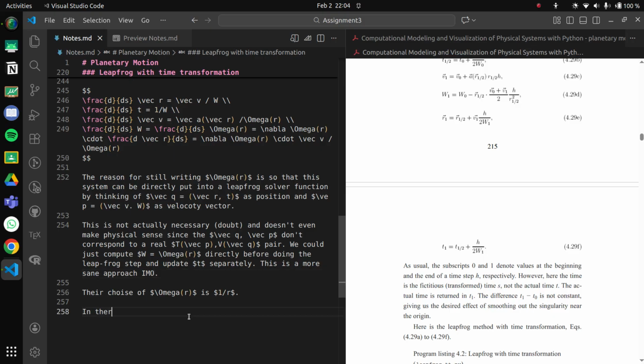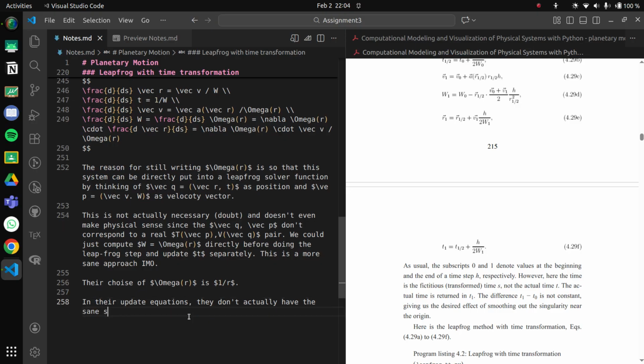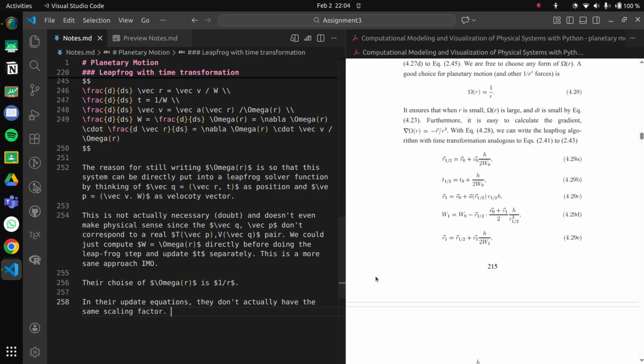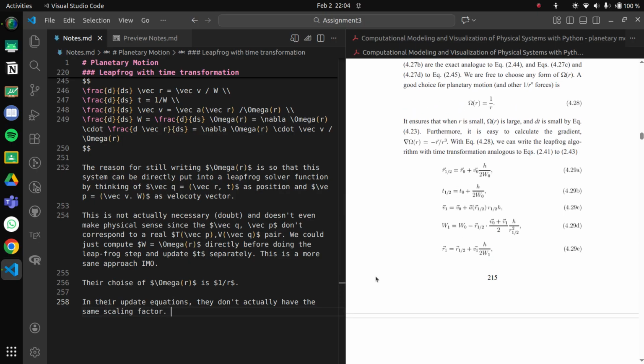Okay, in their update equations, they don't actually have the same scaling factor. Yeah, this is what I find the most boggling, I guess. How does this even make sense?